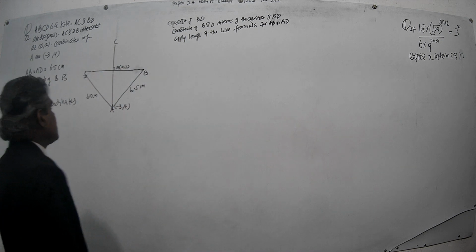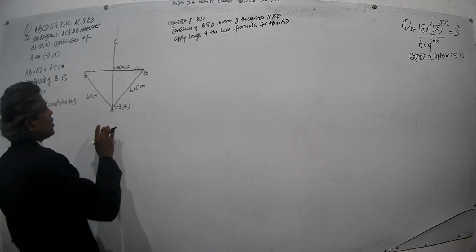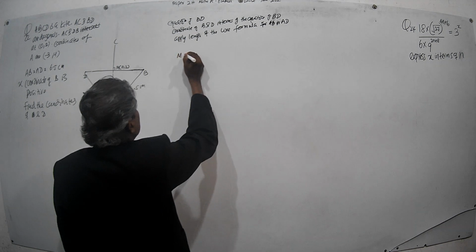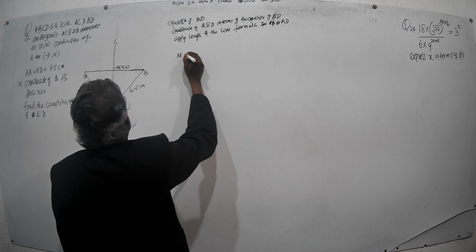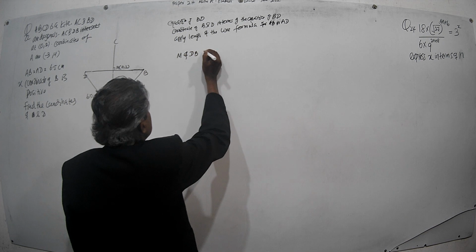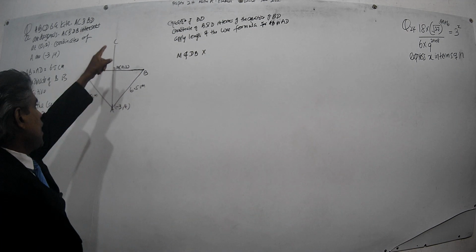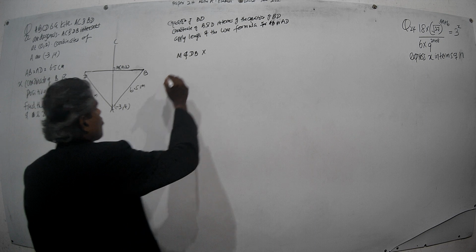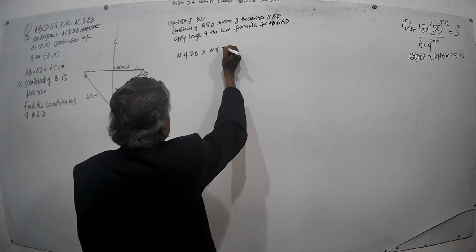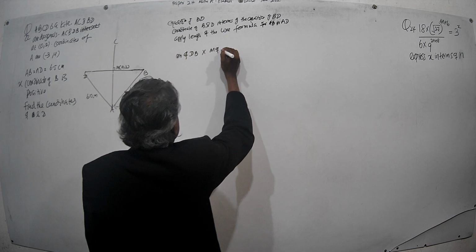Here, line AC and line BD are perpendicular. Therefore, their relationship will be: the gradient of DB is perpendicular to AC, so M of BD times M of AC.